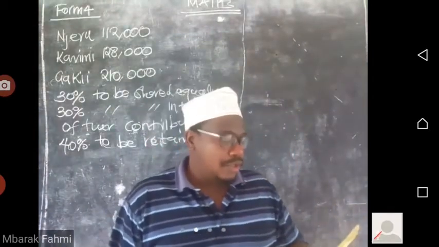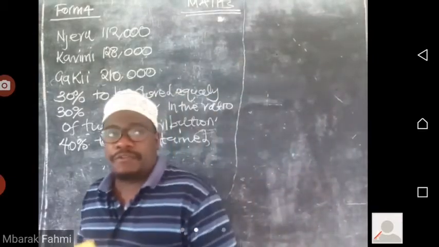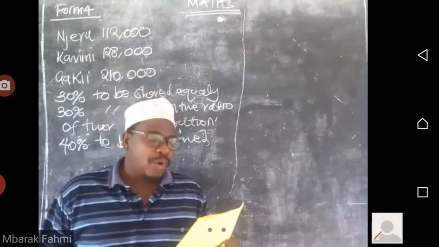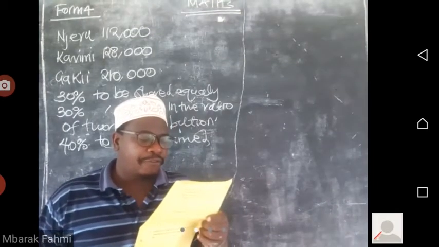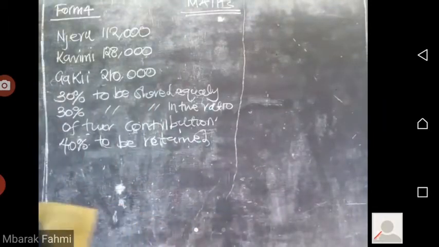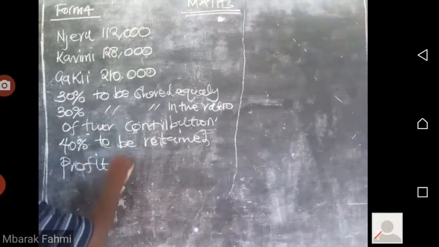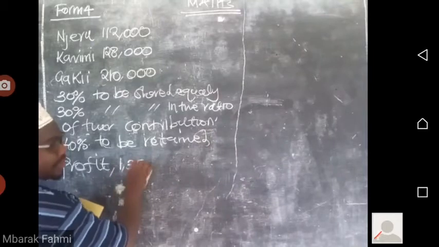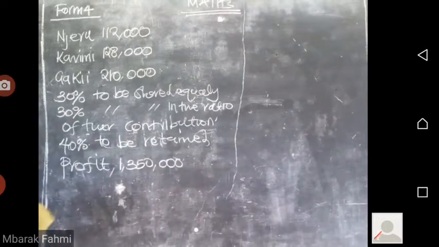You're told if at the end of the year, the business realized a profit of 1,350,000 shillings.